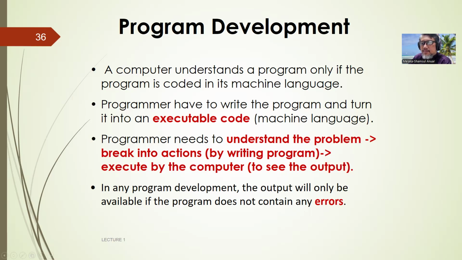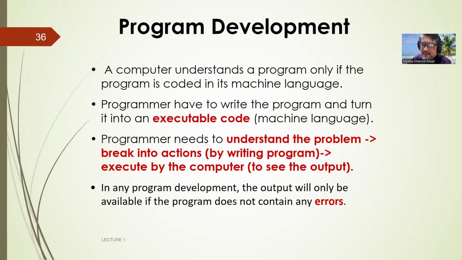The programmer needs to understand the problem, break it into actions, which is writing the program, and then get the computer to run the program, like when I click the run button, meaning I give the instruction to the computer to execute the program.